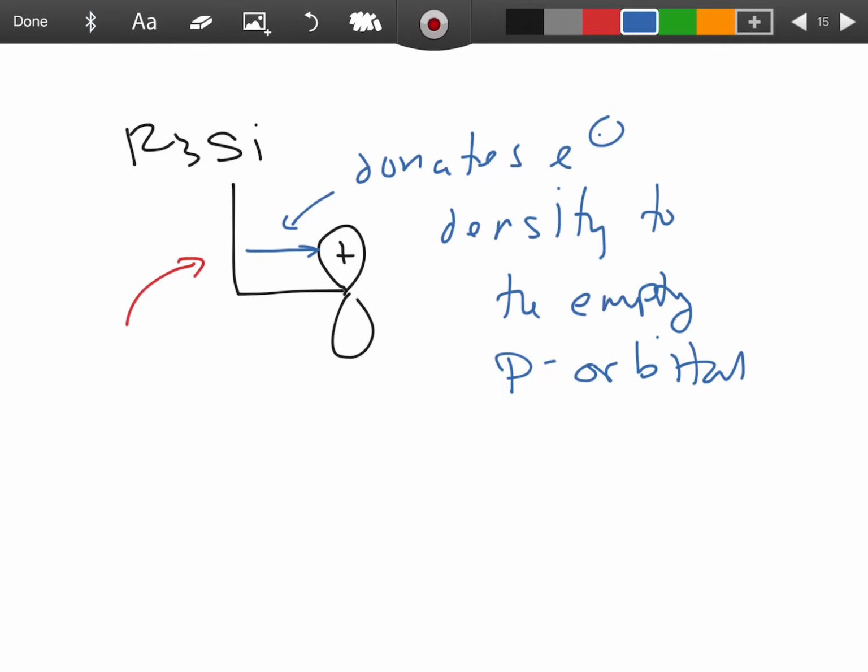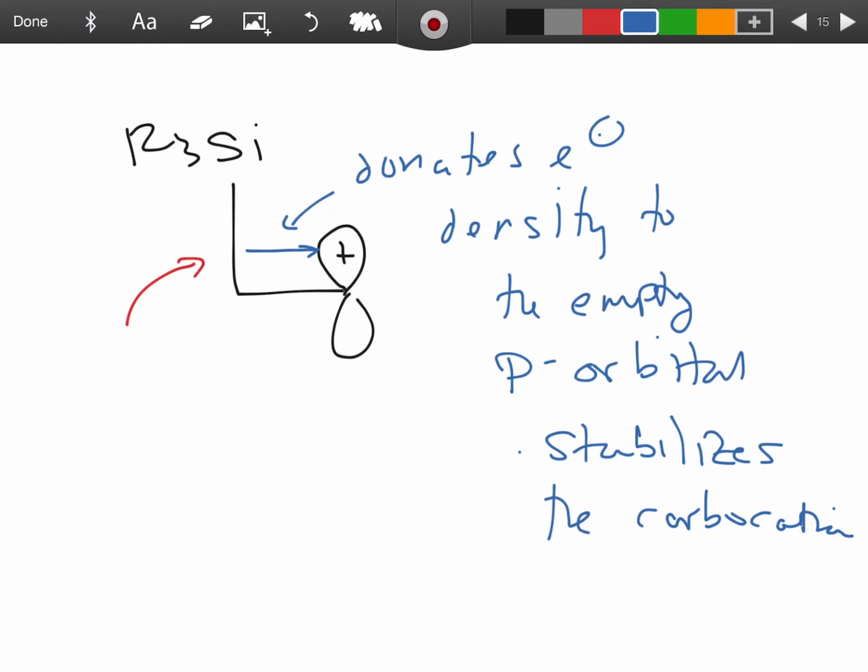The electrons in your carbon-silicon bond are able to donate some electron density into the empty p orbital that makes up a carbocation. And being able to donate that little bit of electron density into that p orbital stabilizes the carbocation.